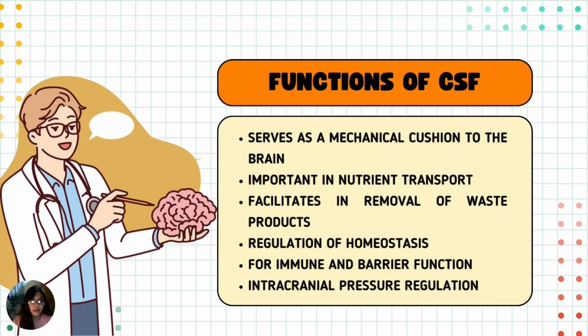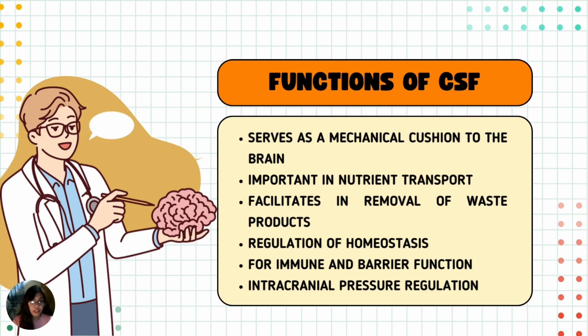Next is the immune barrier function. CSF contains a small amount of immune cells and antibodies, which play a role in detecting and responding to infections or other pathological conditions within the CNS.